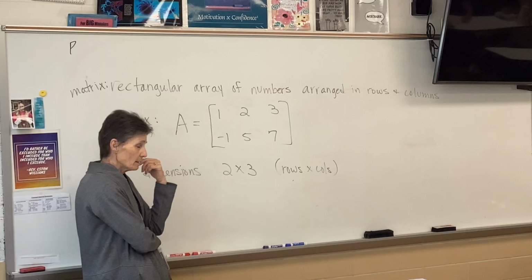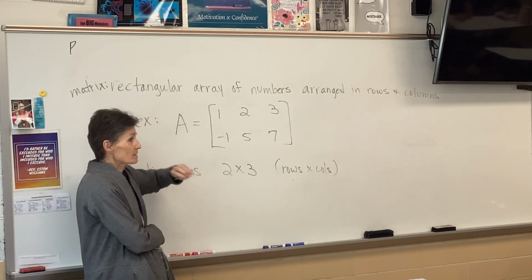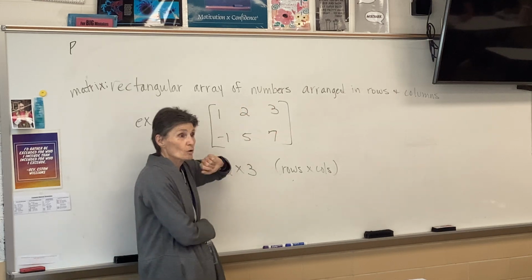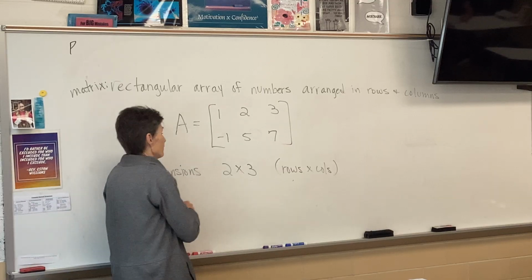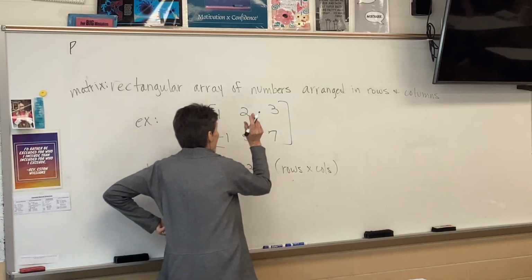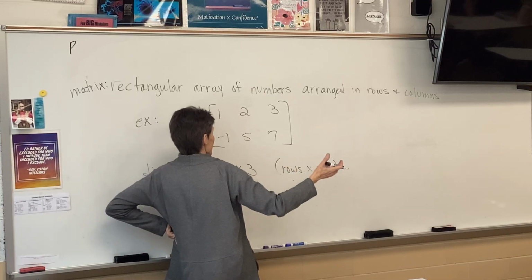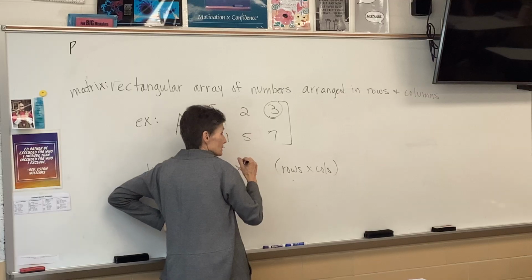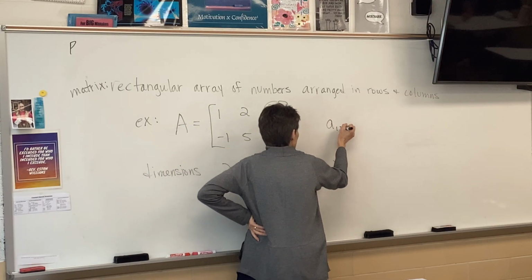Entries, or elements, are the numbers inside the matrix. Remember, matrices are a rectangular array of numbers. Those are called entries, or elements. If I want to talk about this number right here, I would denote it like this.